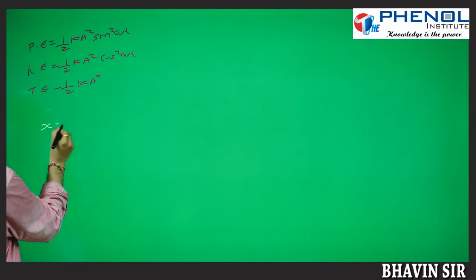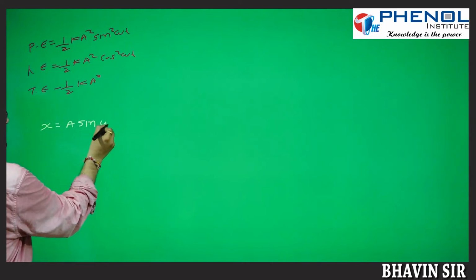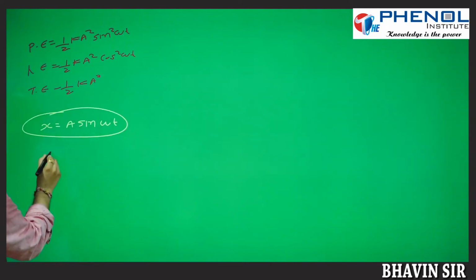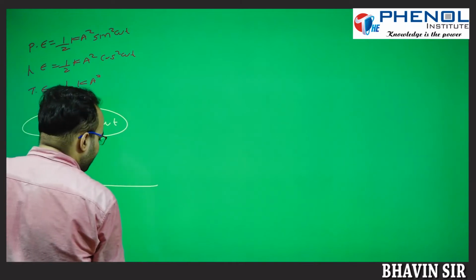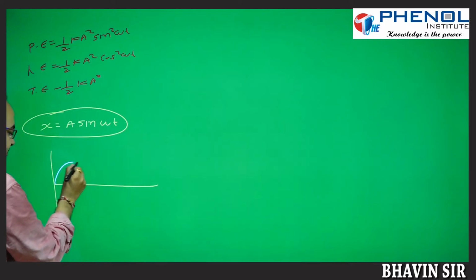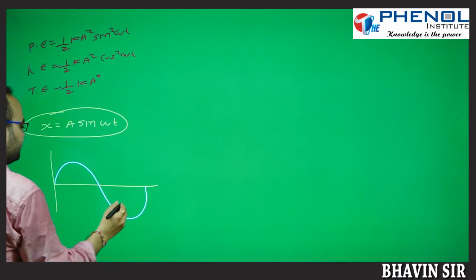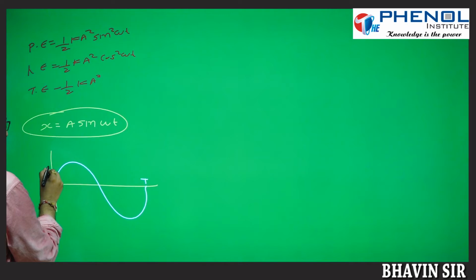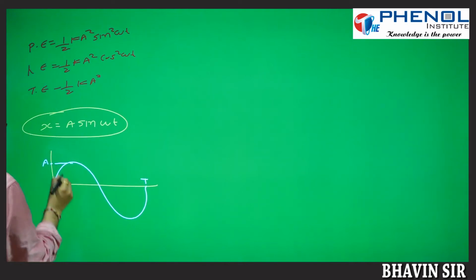What is the equation of displacement? Equation of displacement is A sin omega t, and this is the graph. This is its maximum value, and this is the minimum, minus.